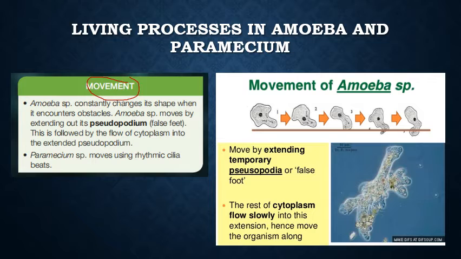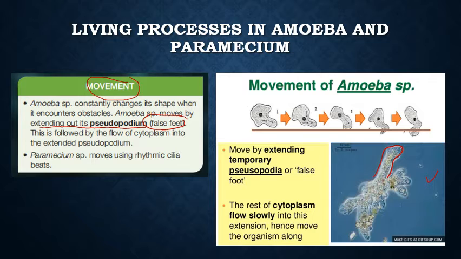How does amoeba do this? Amoeba moves by extending out its pseudopodium, or another name is false feet. So what is pseudopodium? Imagine this is one amoeba in the illustration. The extended part of the amoeba is called pseudopodium.